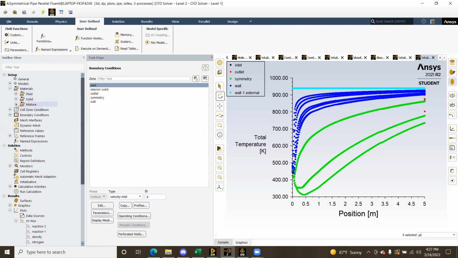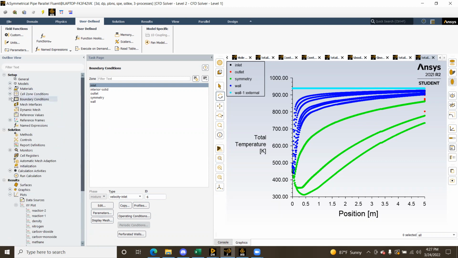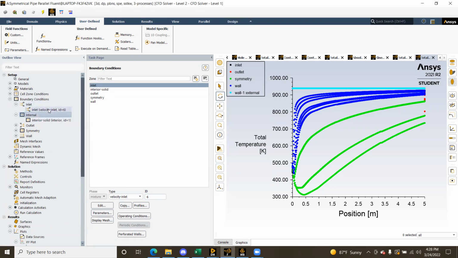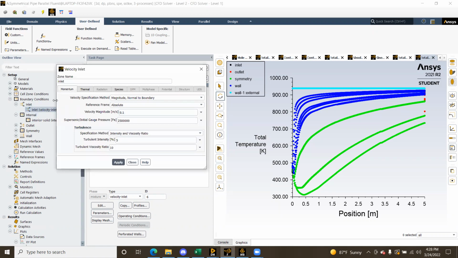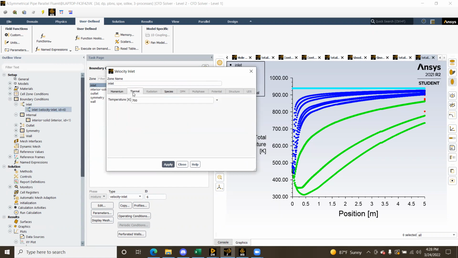Going on to the materials, obviously we have our typical mixture setup here, so nothing odd about that. In terms of the boundary conditions, looking at the inlet, we set it as a velocity inlet with 0.1 meters per second for the velocity magnitude, and an inlet gauge pressure of 25 bar, which is around where the papers tend to suggest the steam methane reforming reaction should be.